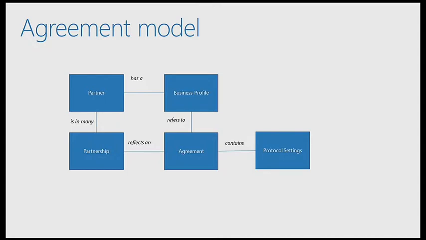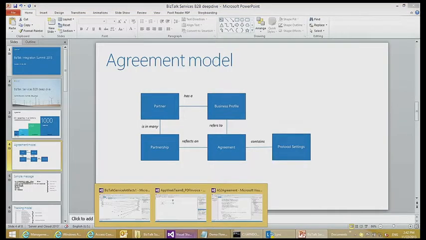Now, I would want to focus on 2 things. One, look at how the agreement is set up and what are the track records we generate. So first, let's start by understanding the agreement model, right? Like, what are the different concepts that we expose and how are they related? What you see here is the snapshot of the agreement object model.